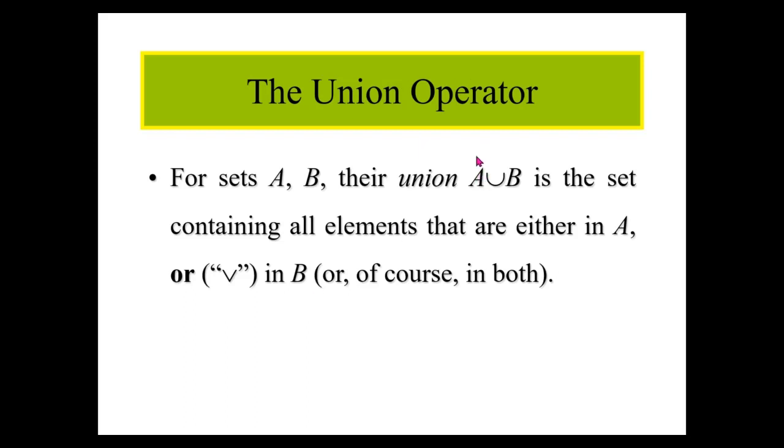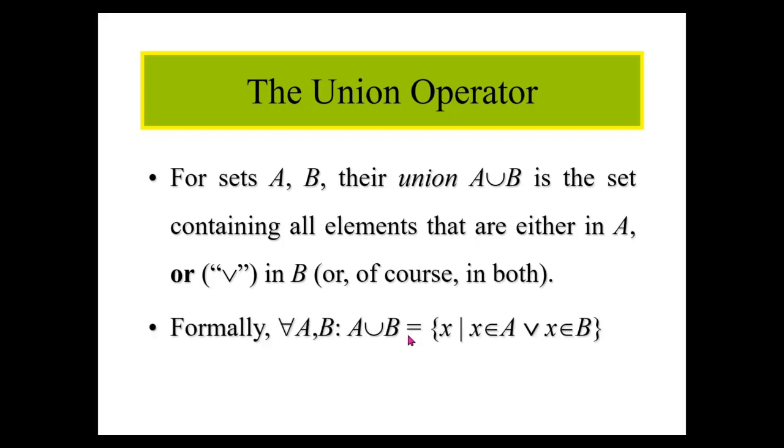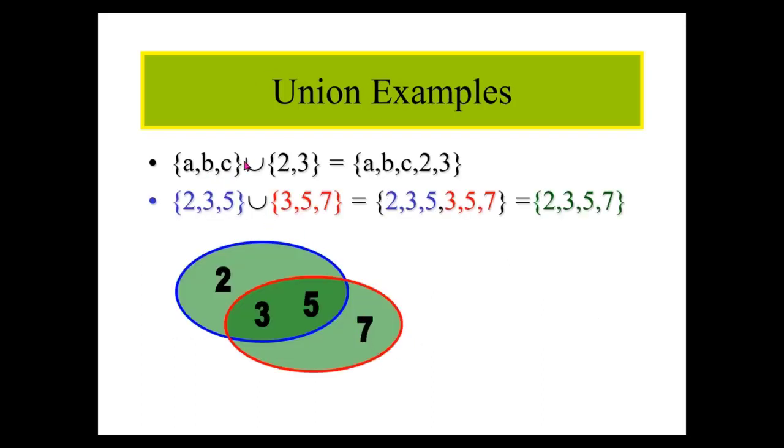Now, the union operation: A union B will have the elements of A as well as the elements of B. You can take an example here: {A, B, C} union {2, 3} gives {A, B, C, 2, 3}.